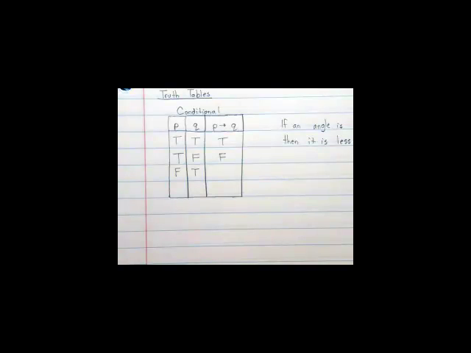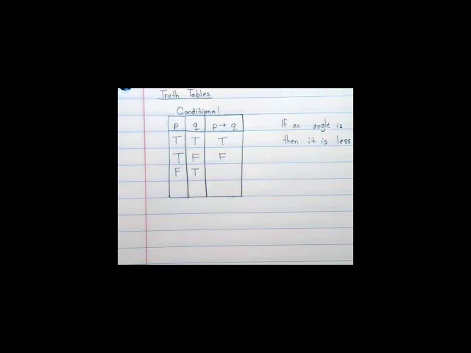True. So, the angle is not acute and less than 90 degrees. Can that happen? Okay. So, if the angle is not acute, can it be less than 90 degrees? No. Technically, yes, it could.